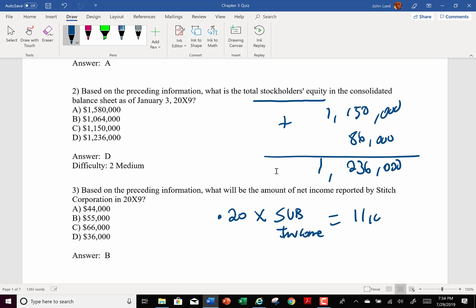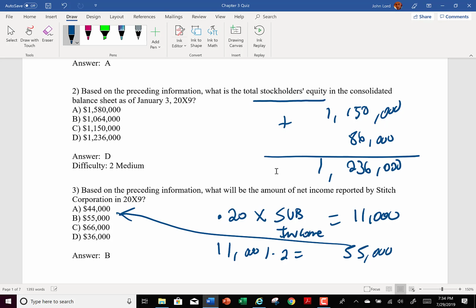Doing the algebra, if I divide 11,000 by 0.2, I get 55,000, of which 20% belongs to the non-controlling interest.